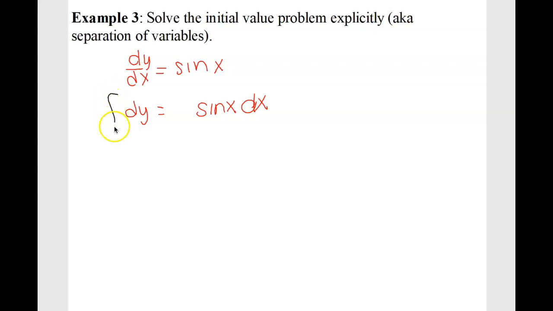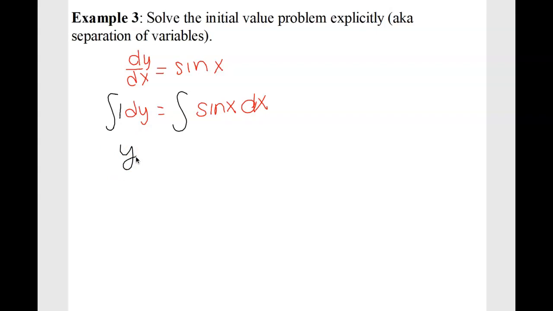So if I were to integrate both sides, or slap that integral on there, this is really just like the constant 1 integrating dy. So if you go backwards, the integral of 1, or a constant, dy is really just y.